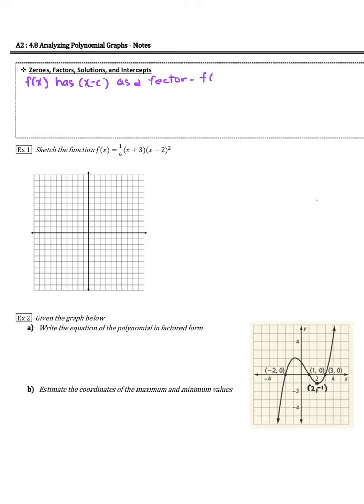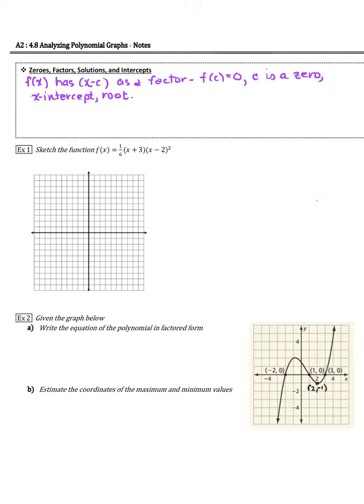That means that f of c equals 0. It means that c itself is a 0 of f of x. Another word for being a 0 is an x-intercept. And it also means that it is a root or a solution. So we have all these meanings that go along with that.